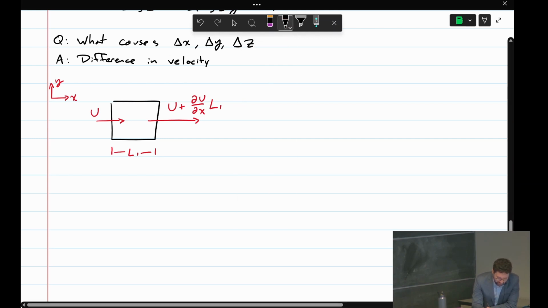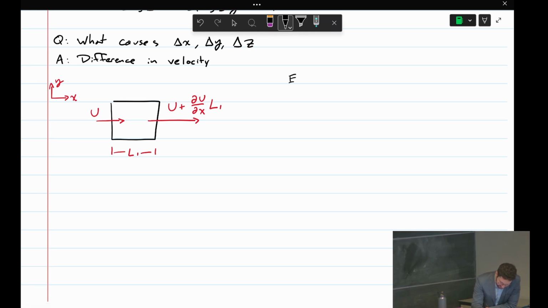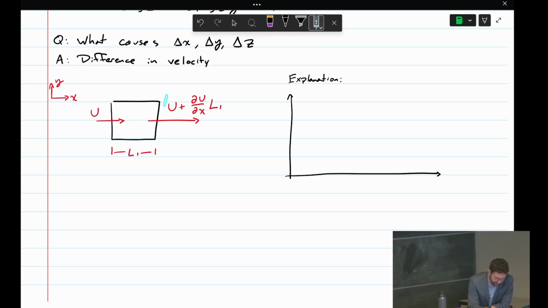This is similar to what we did with the pressure. So I'm going to write out the explanation of this. So here's how we got, I'm trying to explain basically how we got this now.